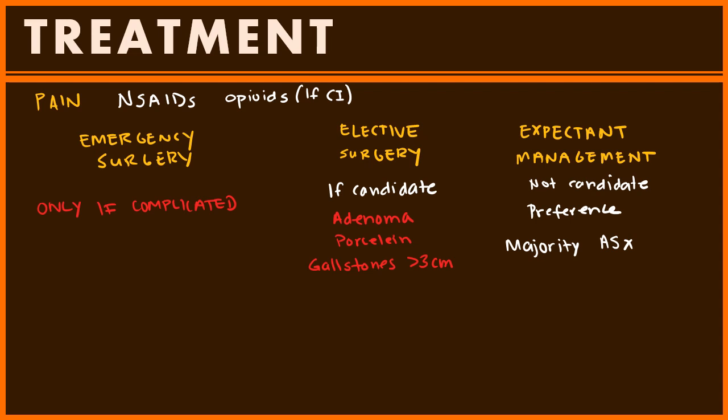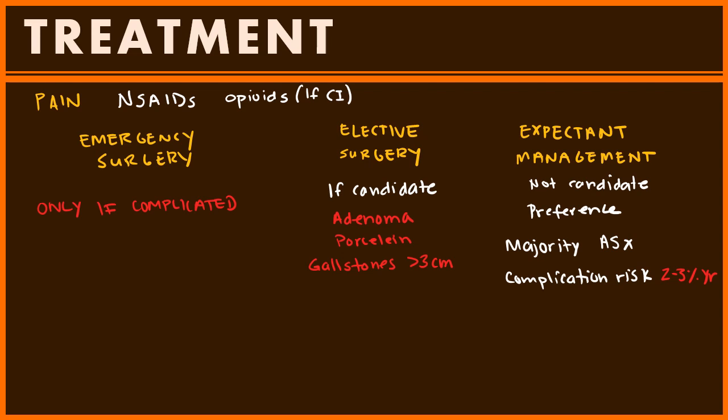And so that also is one of the reasons to perform expectant management. And what you can typically tell your patients is the rate of complication is anywhere between 2 and 3% per year. So this is the risk that they're taking, that in the future they can develop cholecystitis or any of those complications, and they're going to have to do an emergency surgery anyways.